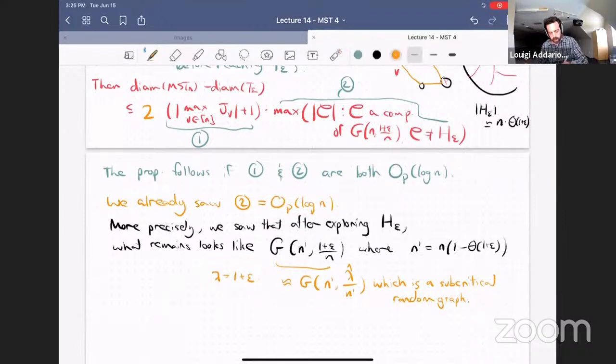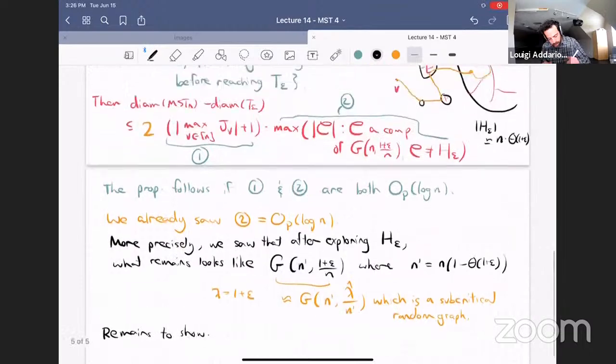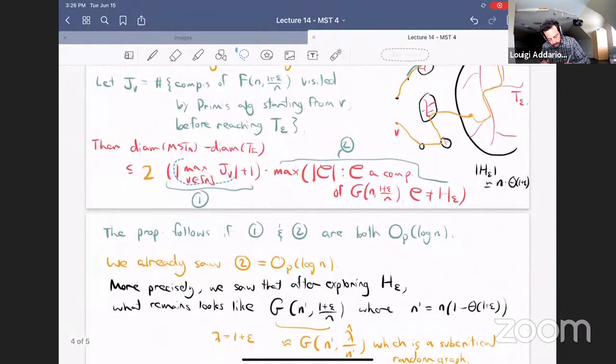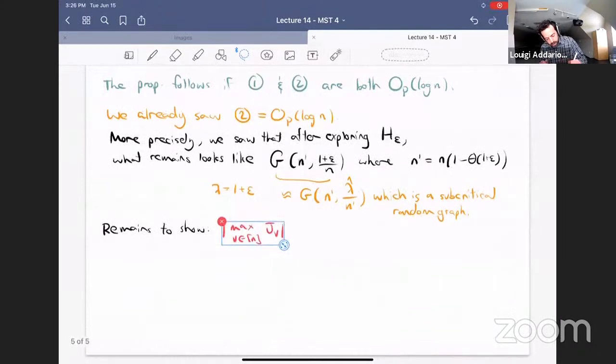And so I want to really focus on this first term. Given that, it remains to show that this quantity here is order log n in probability.